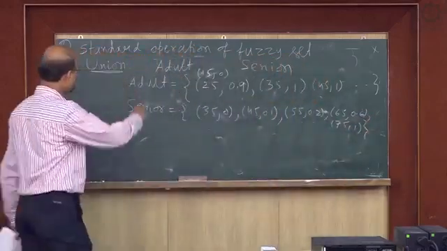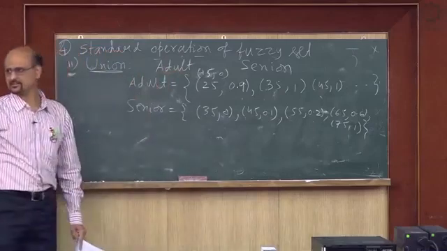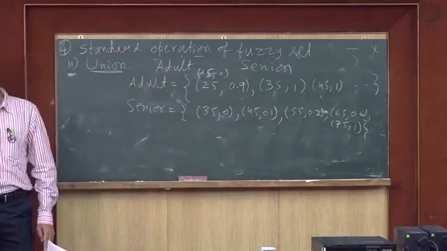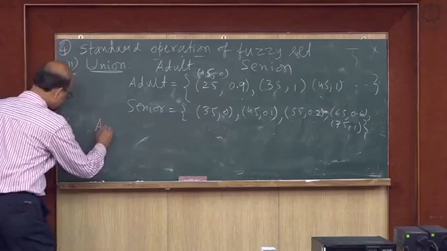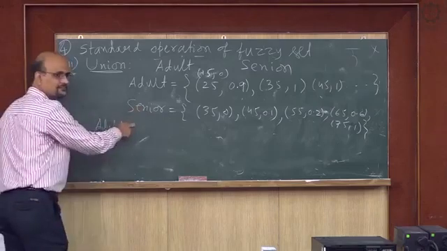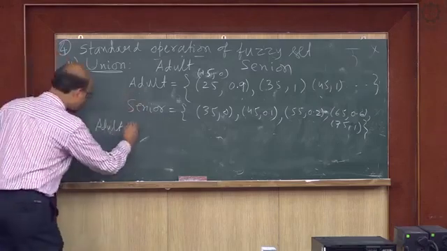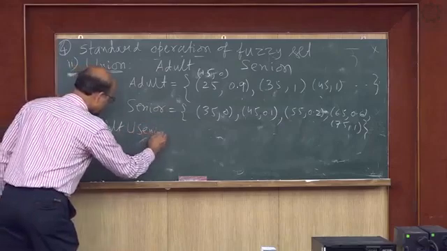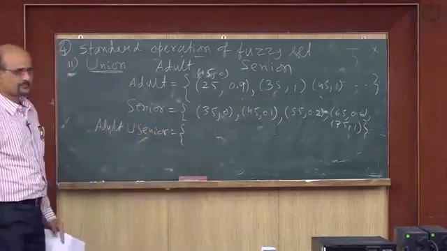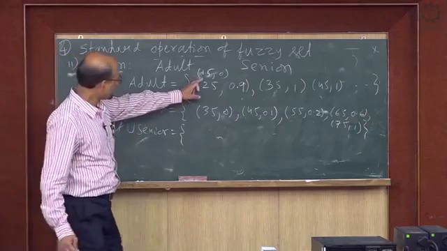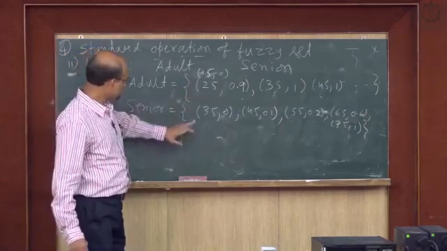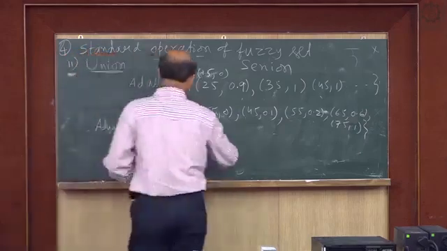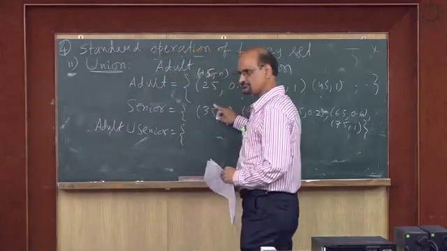Okay. Let us take the union of adult and senior. So, adult is A bar, suppose senior is B bar, A bar or B bar, adult union senior. Tell me, here see 15. So, here what is the 0? 35 0, 15 here also 0.